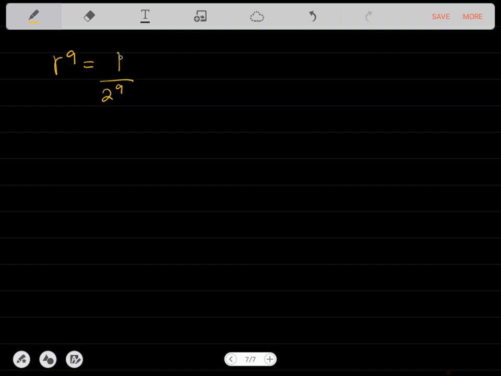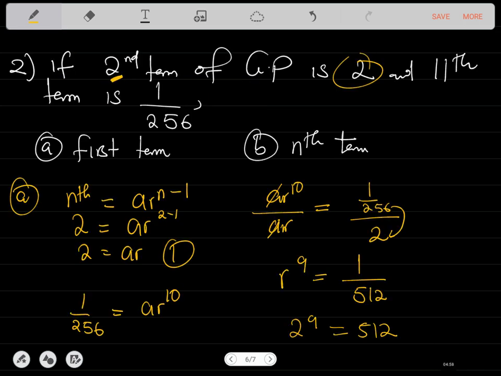If I take this power to the other side, the 9 and the 9 cancel each other, so I'm going to remain with 1 over 2. Okay? So my r is just 1 over 2.